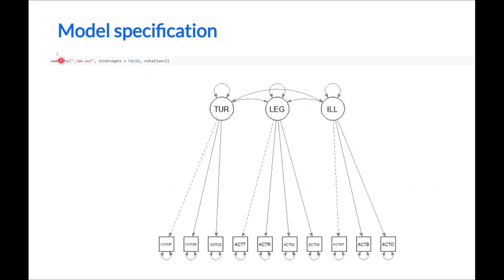And we can make a representation using the semPlot package, which takes the model that we specified, and here we made the representation of the model. It's very easy because we don't have to draw line by line. This is an automatic picture of the model.